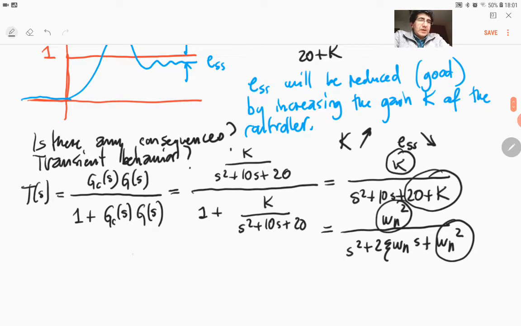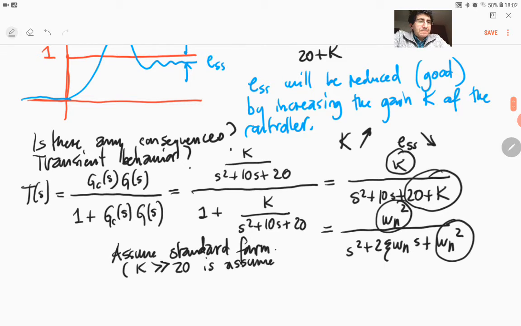So we will assume the standard form and only consider the denominator of our transfer function. If you want to give further detail, you should say, assuming that K is somewhat larger than 20, we can do that. 5 to 10 times larger is usually the norm.